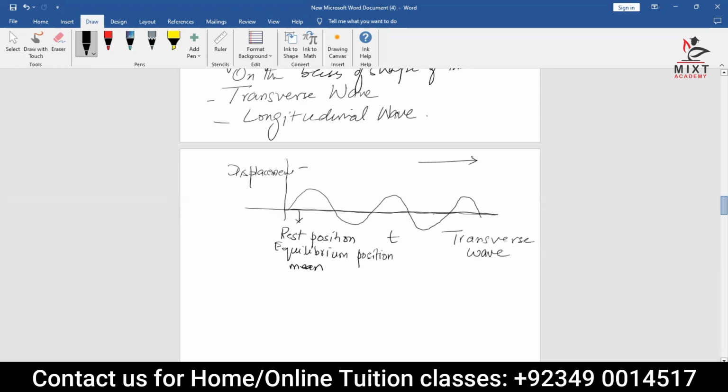All right. Now, the important thing is that your wave is going up and down, up and down, and moving on the right hand side. But the particle of the medium is going up and down from the mean position and from the rest position.